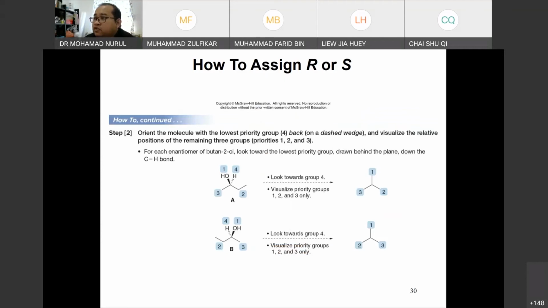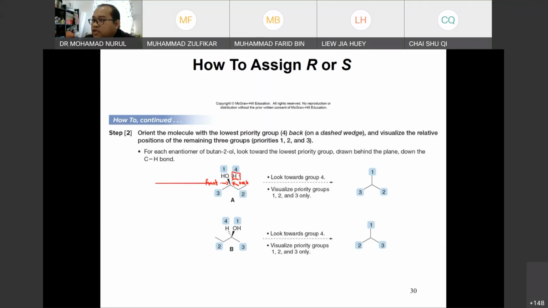For each enantiomer, I orient the molecule with the lowest priority, number 4, at the back. In this case, it is on the dash wedge. This one is back, and this one is front. Visualize the relative positions of the remaining 3 groups by priority.